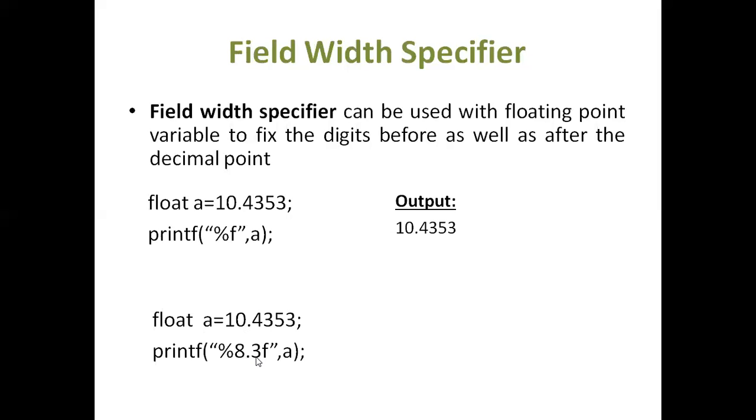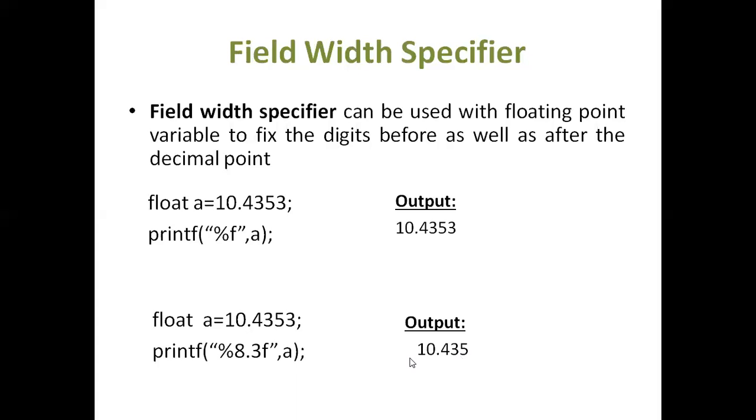So you can see that a total of 8 places will be used, and after the point only 3 values will be printed. This means that before the point 5 places are available. But you can see here that we have only 2 digits before the point. This means that 3 spaces will be left blank before printing the value.